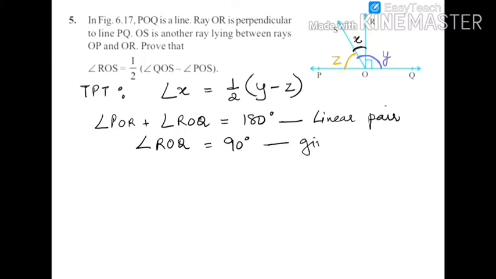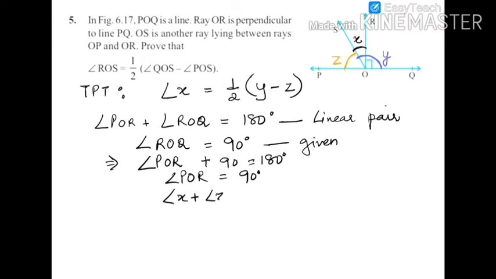This is given. So this implies angle POR plus 90 is equal to 180, or angle POR is also 90 degrees. Now look at the figure. Angle POR is made of two adjacent angles, POS and SOR. So we can write angle POR as angle X plus angle Z equal to 90.